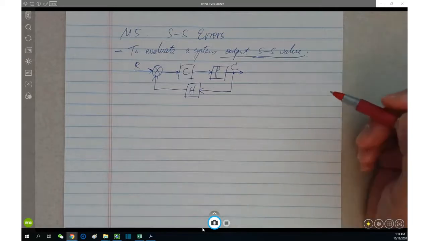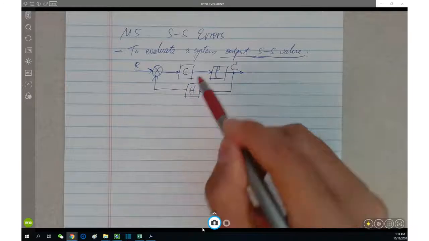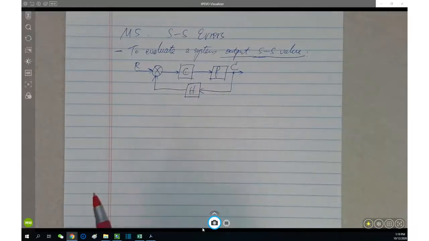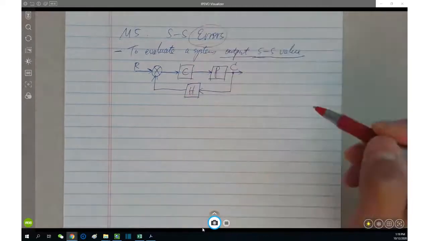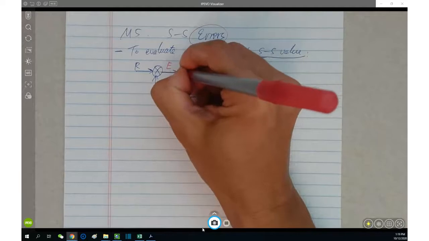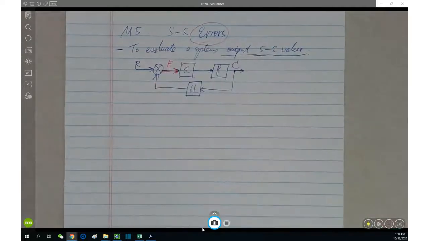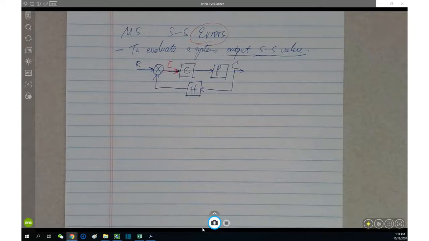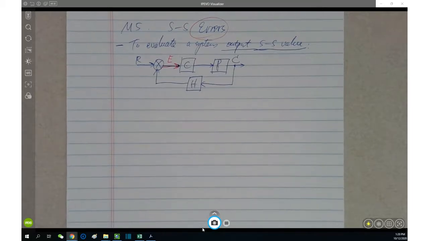It's not studying any block transfer function. It's studying one signal. So where is the signal? It's the error signal, here. This is the error signal, the output of the summing junction, also the input of the controller. We're studying this particular signal.